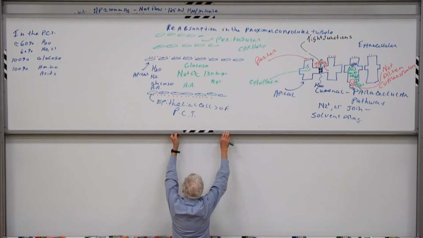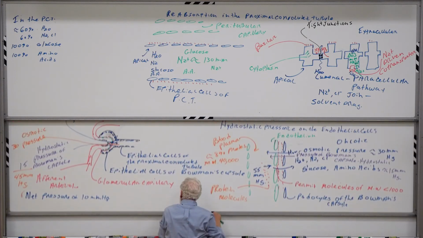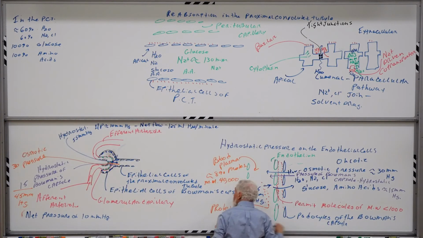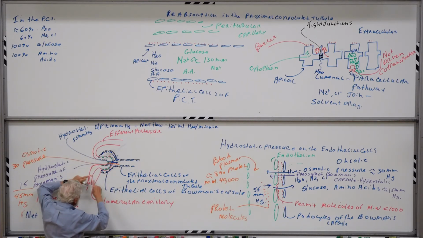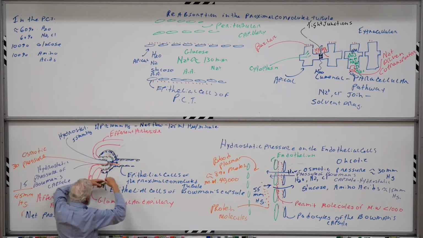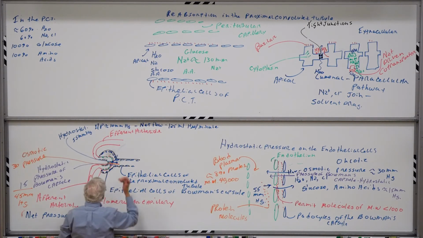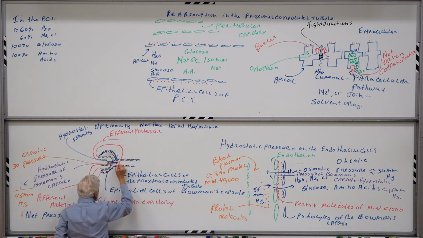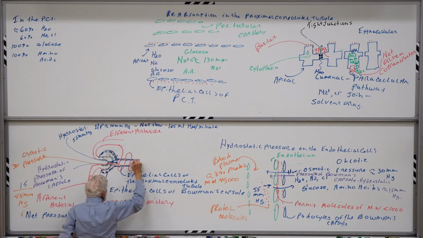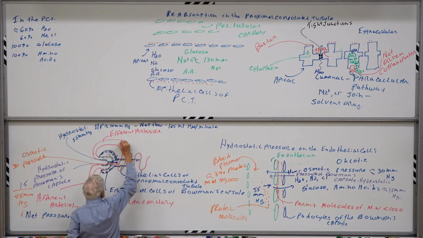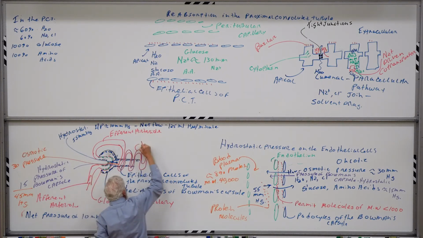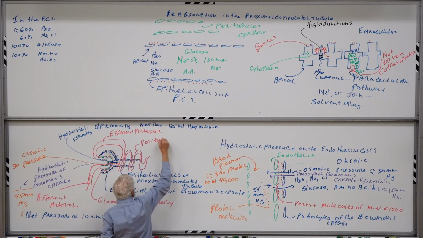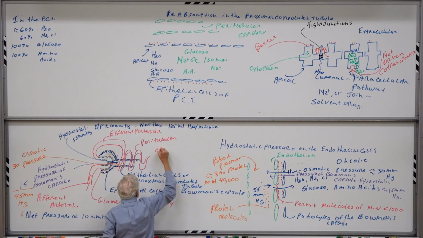So if we go back here to our most low resolution, farthest drawn out, most zoomed out image, where we have the afferent arteriole, the glomerulus, the efferent arteriole, we find that this efferent arteriole then extends into this structure here, which begins to wrap around, sort of snakes around the proximal convoluted tubule. And in the process of snaking around the proximal convoluted tubule, this structure now becomes the peritubular capillary.